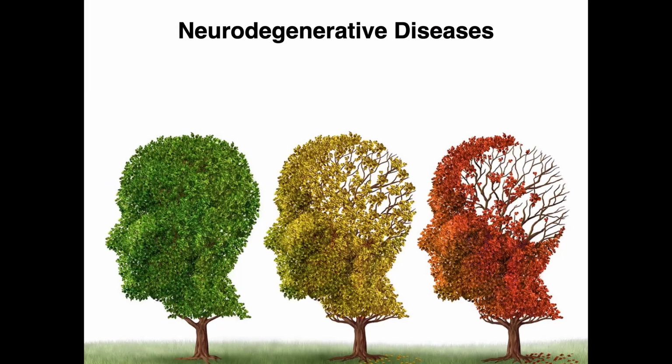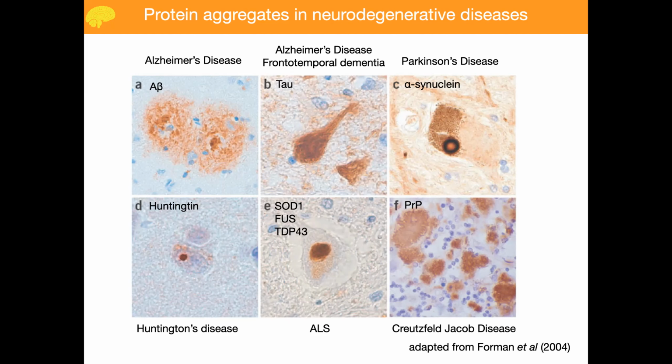And here you see kind of a rogues gallery of different protein aggregates associated with diseases such as Alzheimer's disease, Parkinson's disease, and others. Of course, one central question that we need to ask is whether these protein aggregates are causal and drive the disease, or whether they're more incidental and some kind of byproduct of sick neurons.